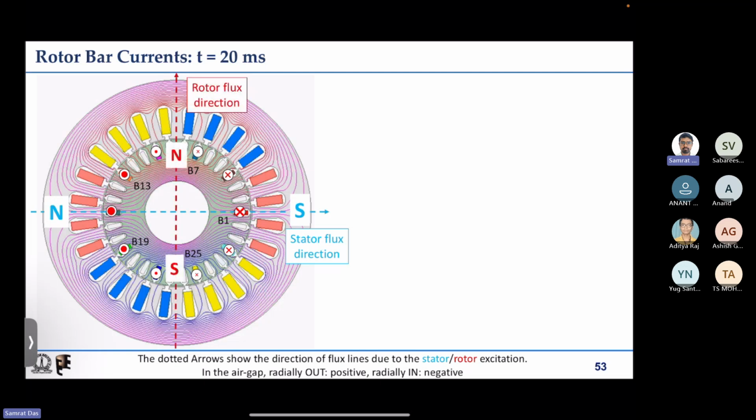Even though we have not completed the winding by telling which is the R phase and which is the B phase, equivalently you can see that in the stator, three phase distributed current is producing a rotating magnetic field, and in the rotor bars, the currents are also sinusoidally varying in space, so that also causes a rotating magnetic field, and they interact with each other to produce the torque.